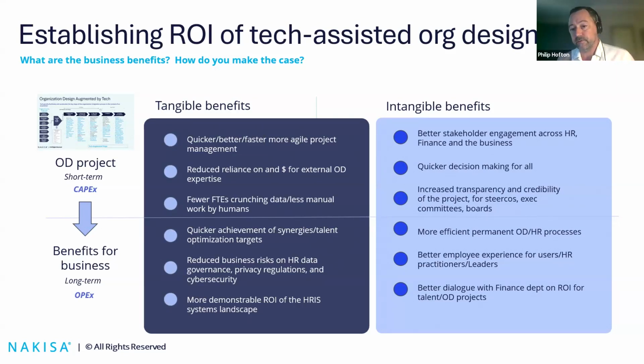And increased transparency across the project, so it doesn't look like it's a laboratory behind closed doors. I even remember personally putting paper on the wall and starting to put sticky notes as to who's going to report to who in my own OD practice. You don't need to disclose everything to everyone right off the bat, but you definitely need to be transparent about what you're trying to achieve, and that can help you that way.